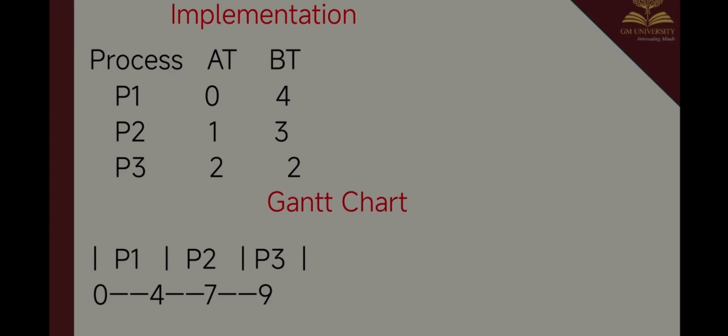First, 0 is the P1 arrival time, that's why we take P1 first for scheduling in the Gantt chart. Next, P2's arrival time is 1, that's why we take P2, and P3's arrival time is 2.